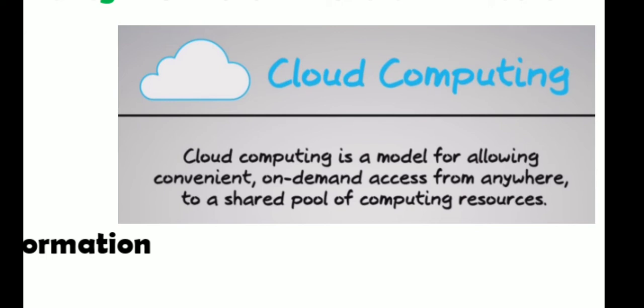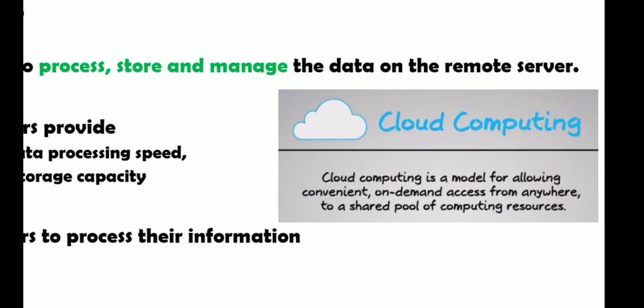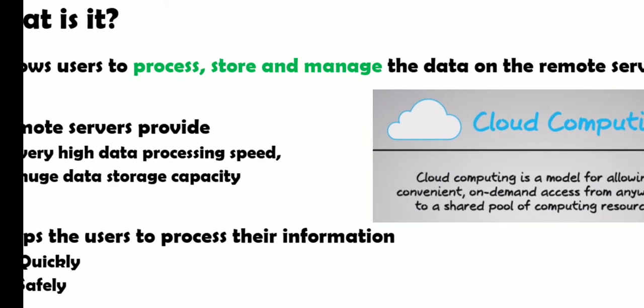There are different kinds of servers, and they are collectively called a pool of computing resources. Whatever resource you want to use online, as per your demand, you can access. That's why it is called on-demand access from anywhere to a shared pool of computing resources. In a forthcoming slide, I'll tell you the computing resources.